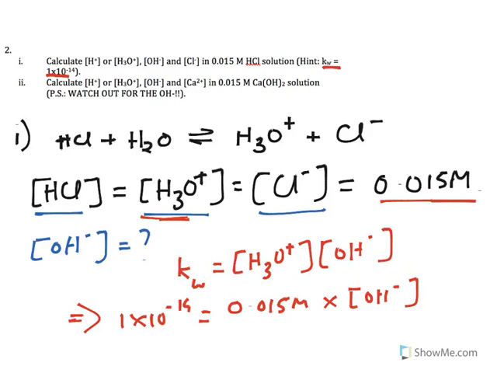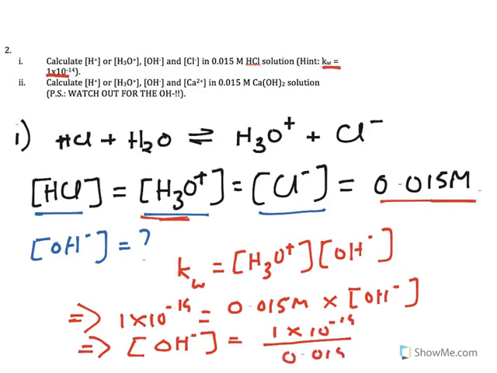Now, rearranging this, or dividing both sides of the equation by 0.015 molar, we get the concentration of OH minus ions equal to 1 times 10 to the power of negative 14 divided by 0.015. This gives us an OH minus concentration of 6.7 times 10 to the power of negative 13 molar.